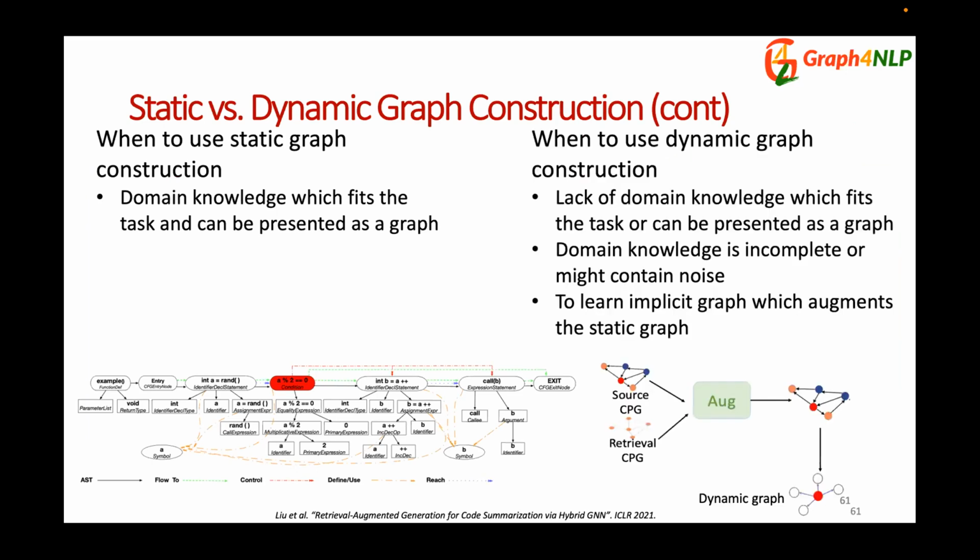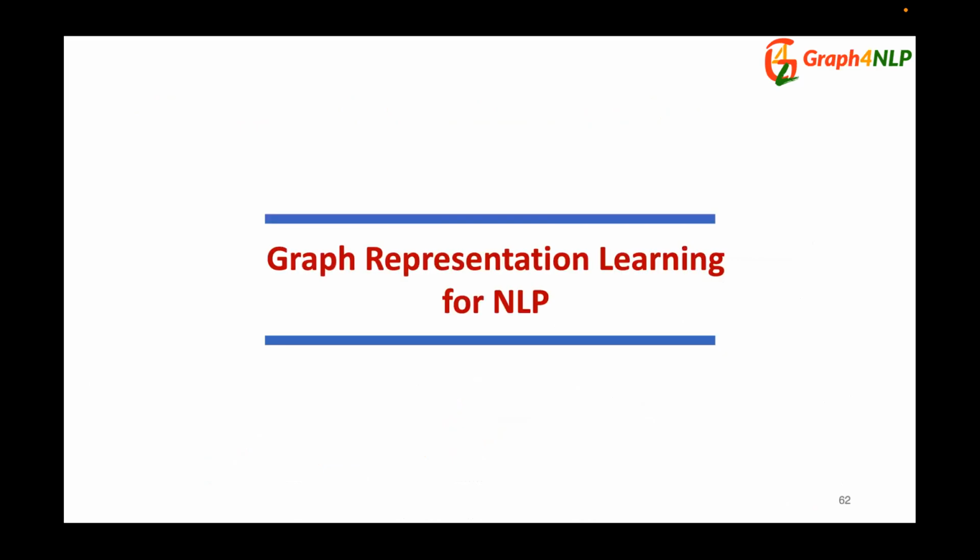For dynamic graph construction, there are some reasons why we want to look into it: one, lack of domain knowledge which fits the task or can be represented as a graph; two, the domain knowledge is incomplete or might contain noise; or three, we want to learn an implicit graph which augments the static graph. Basically, we want to combine the benefits of both the static and dynamic graph construction approaches.